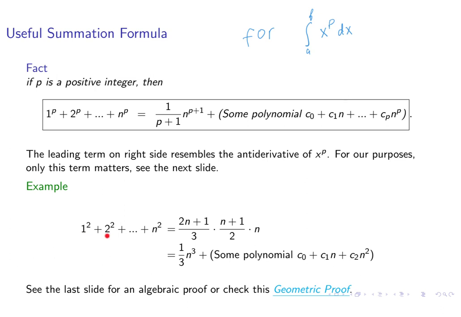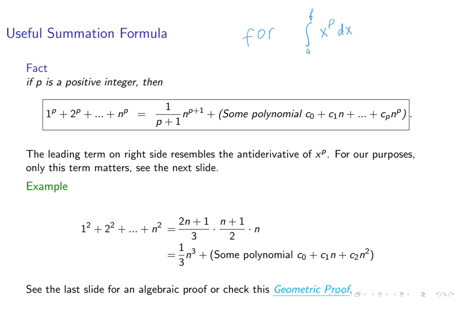Now, here's an example. 1 squared plus 2 squared plus so on plus n squared. There is actually a simple formula for this. Well, maybe not too simple, but a finite formula for this. And if you FOIL all these terms, you will see that this is actually a cubic polynomial. The leading term, so how would you compute the leading term? 2n over 3 times n over 2 times n.